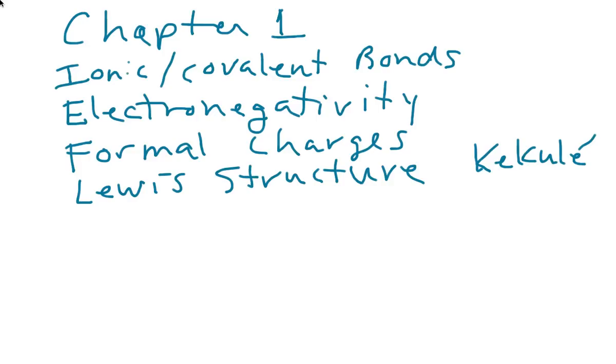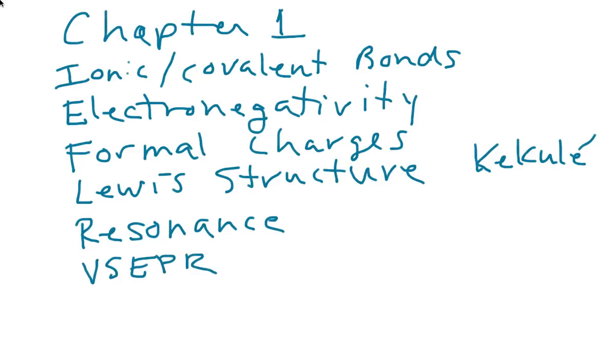A concept that a lot of people have trouble with is resonance, and we can show some examples of that. Resonance forms. Geometry of molecules. I think in Chapter 1 it was just talking about electron repulsions in the VSEPR model.